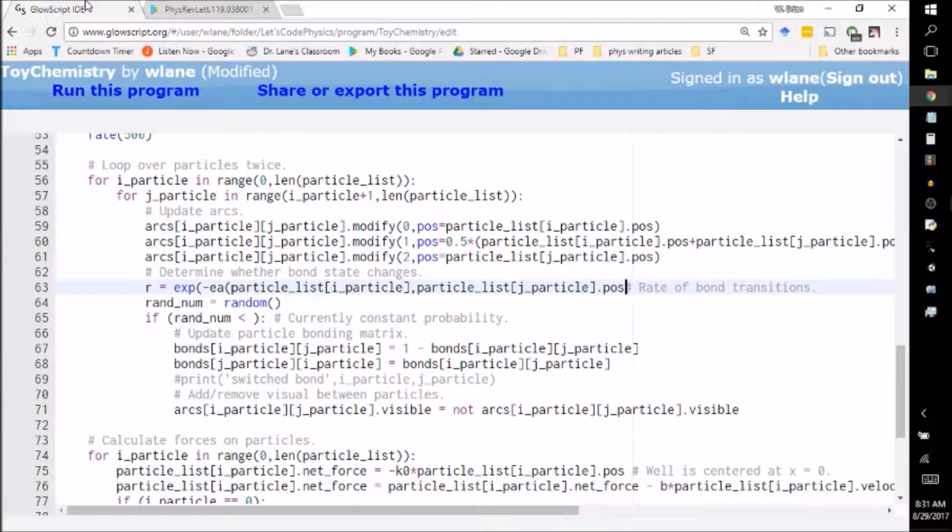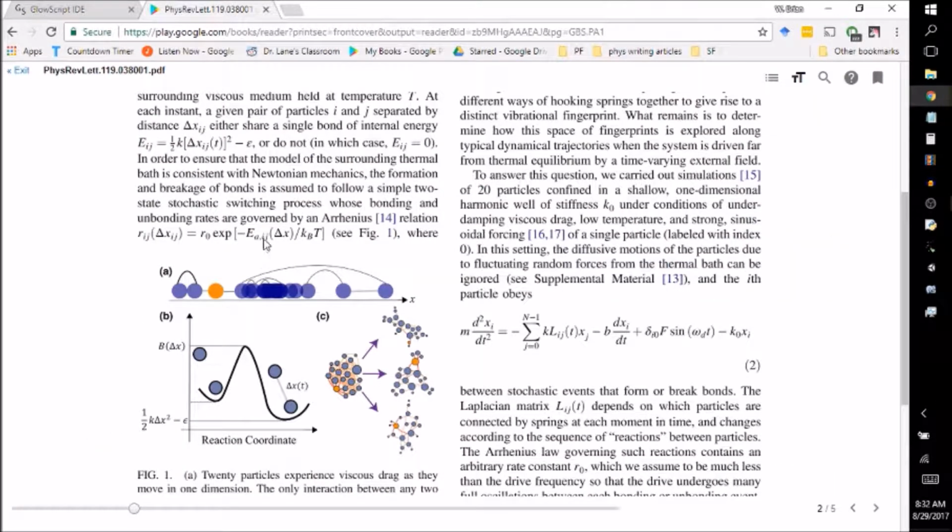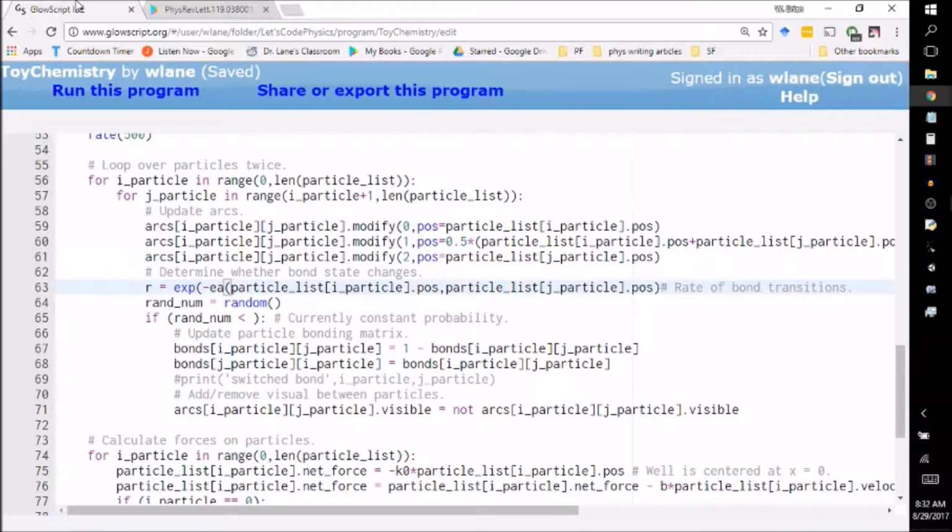And actually, we just need the positions of these things. Let's make that dot pos and dot pos. Okay, so we'll make that its own function elsewhere. So I've got EA, blah, blah, blah, divide by kBT. So we're going to divide by Boltzmann's constant times the temperature. Close up that paren, close up that paren.